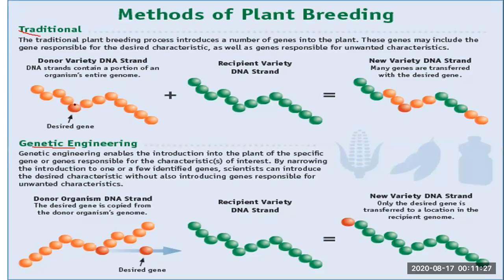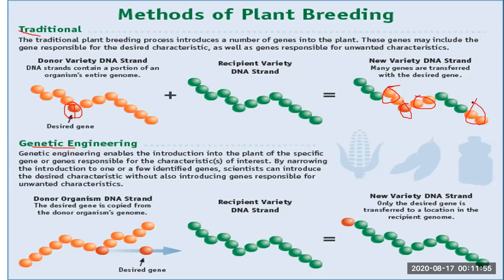The desired gene is there, and we want the recipient, and this DNA strand collects these genes, as they are the desired genes we want to change. But whenever these changes happen, we can see that along with the desired gene, other genes are also transferred within the hybrid food or hybrid organism.